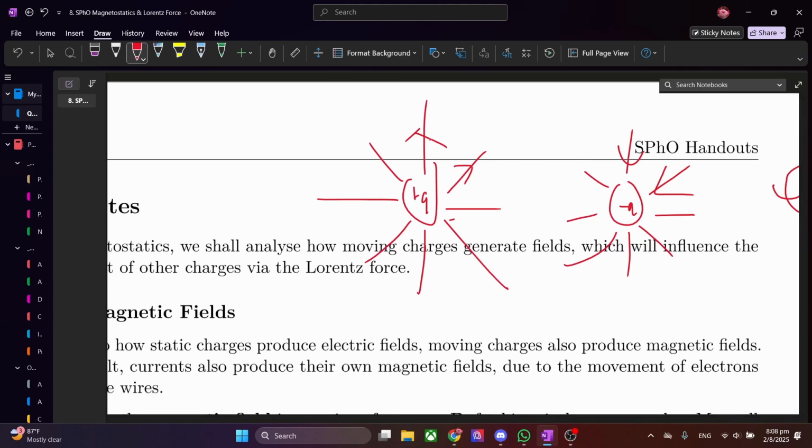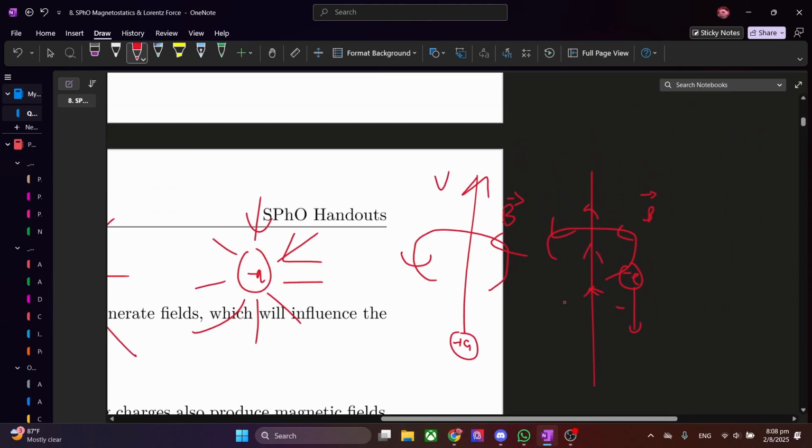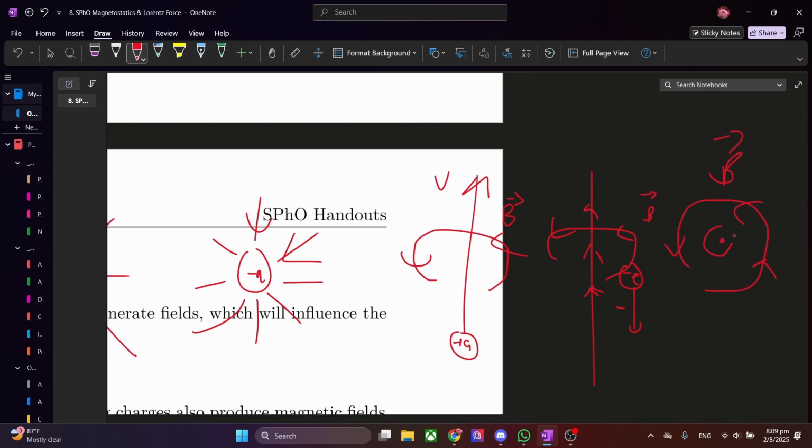As you can see, these fields emanate from this charge. However, for magnetostatics, usually there are no sources or sinks, so you can see all the behavior is usually rotational, when you have a current coming out and it has its own magnetic field, stuff like that. So that's just a way of comparing that.